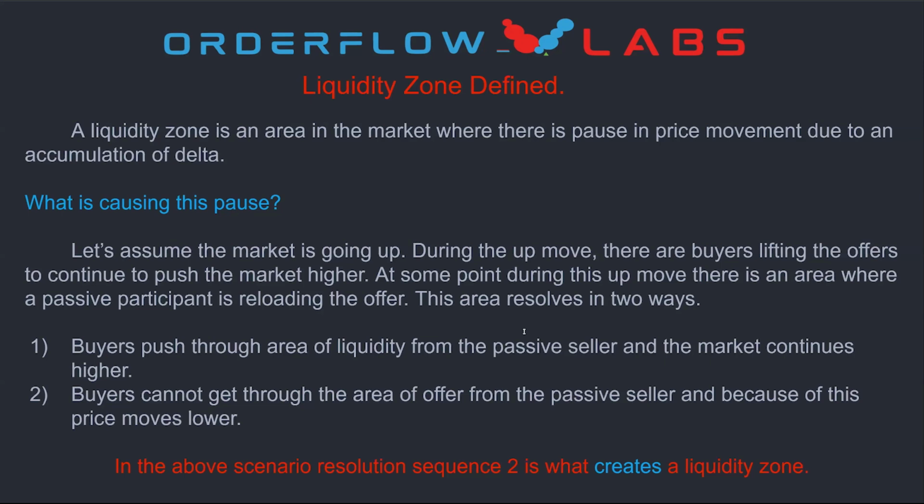We may have tons of positive delta as the market's moving. That's not necessarily enough liquidity to pause the market. Just because you have a ton of positive delta doesn't necessarily mean that area is enough to cause any type of stall.